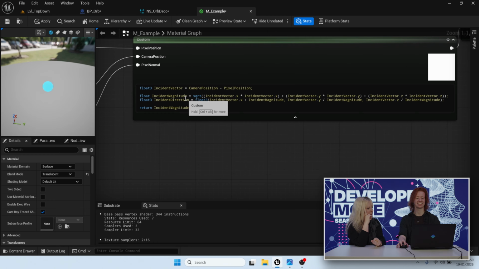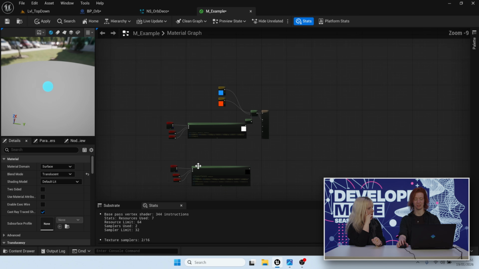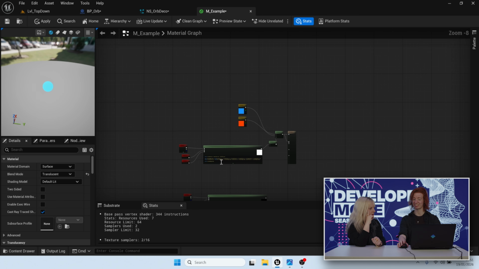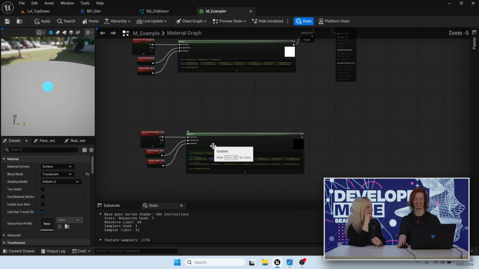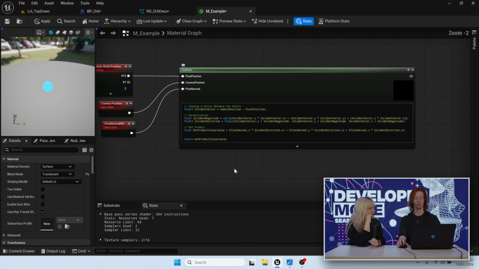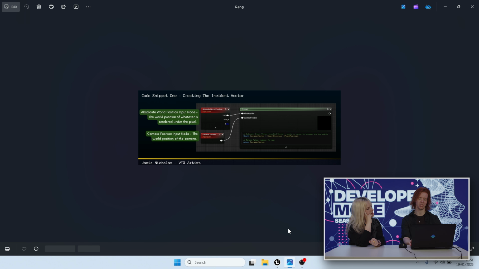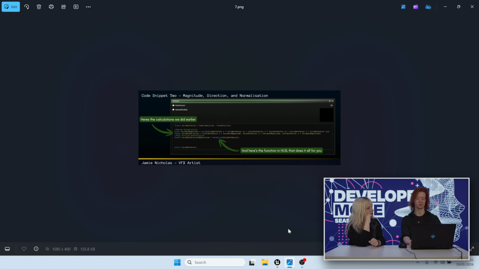But now we have the incident direction. If I return the incident direction, it's not going to give me anything I can explain. It will be three values trying to tell us what direction it's going in. It won't read very well. But let me just see if I can find the right one in here. So we talked about normalization. We did. Creating the incident vector, we've done this.